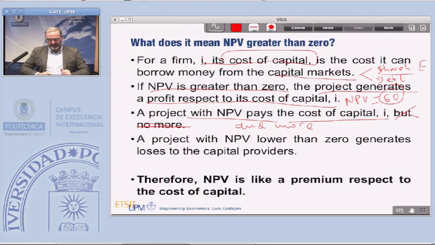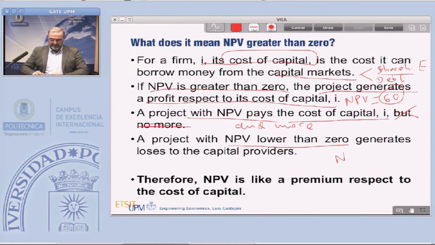So what happens in the opposite case? What happens if the NPV of a project is lower than 0? This project with NPV lower than 0 generates losses to the capital providers, in that case, to the company.